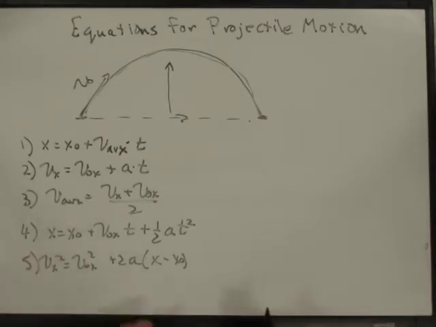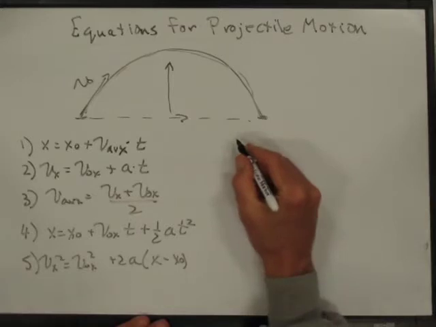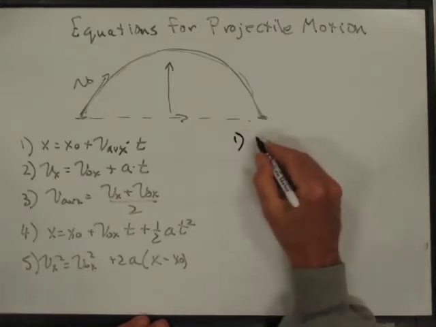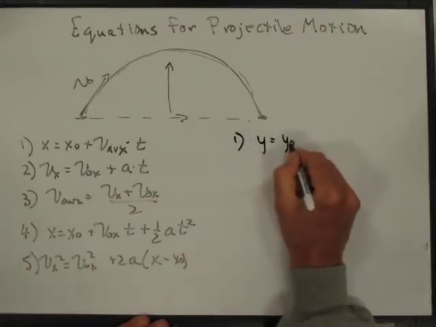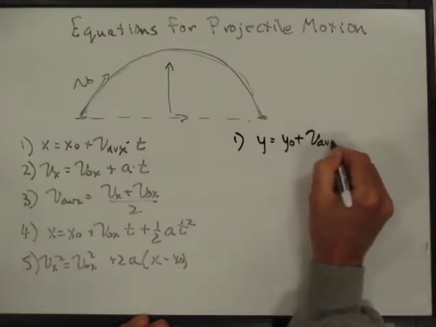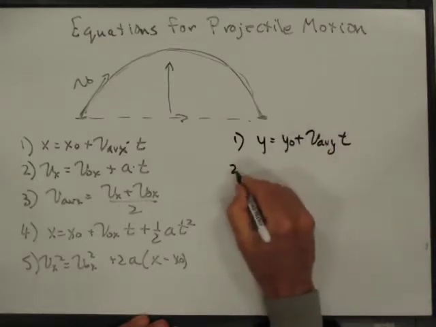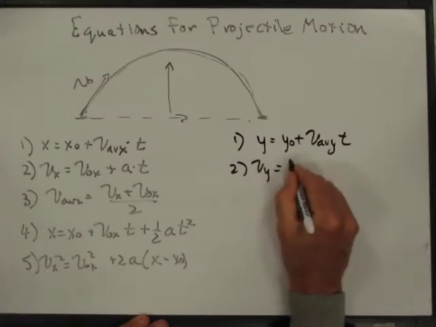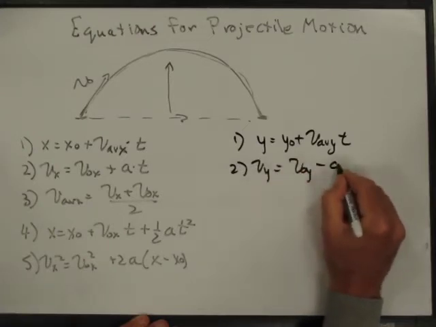And then we went ahead and said, look, if we have an object moving vertically, we had y equals y naught plus v average y times t. We had vy is equal to v naught y minus g times t.